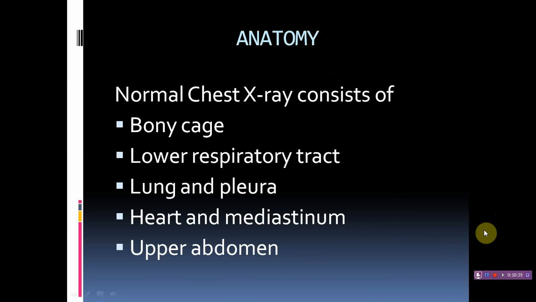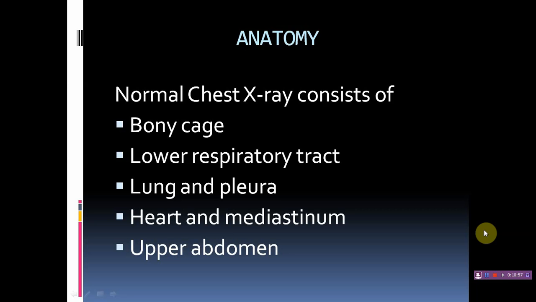So as all of you know, when you take chest radiography, there are different patterns, the different parts of the radiography which we are going to see. That's one thing is bony cage, lower respiratory tract, lung and pleura, heart and mediastinum, and upper abdomen.